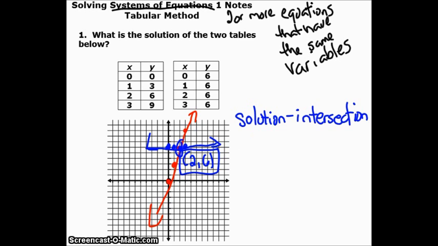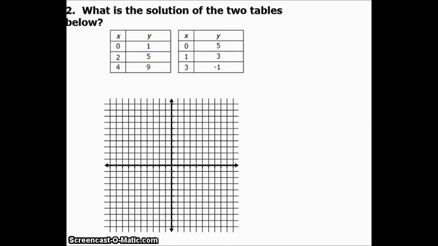Let's take a look at another one. What is the solution of the two tables below? Okay, so again, I'm going to graph these points. Okay, so there's one equation.